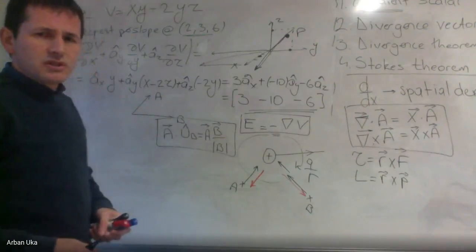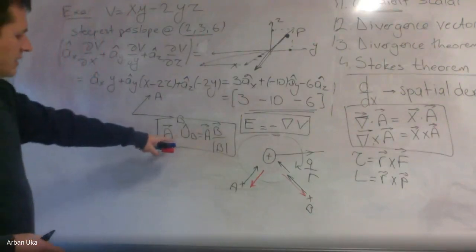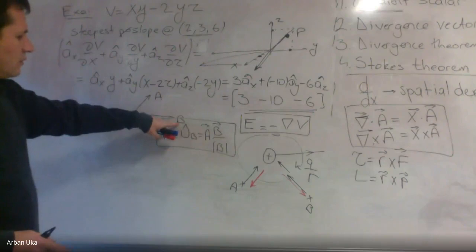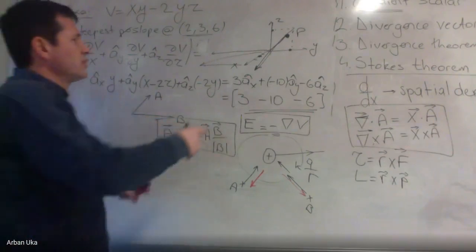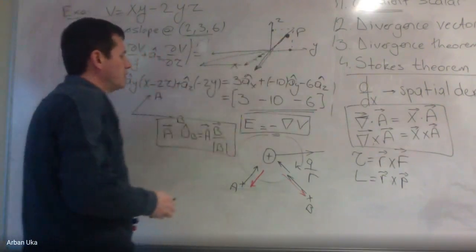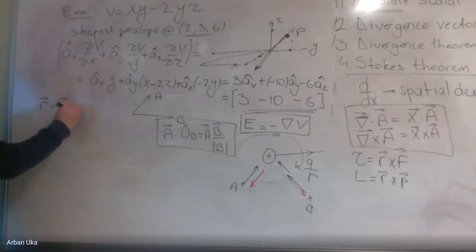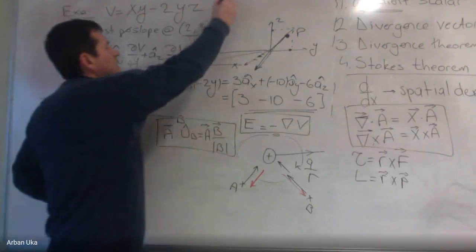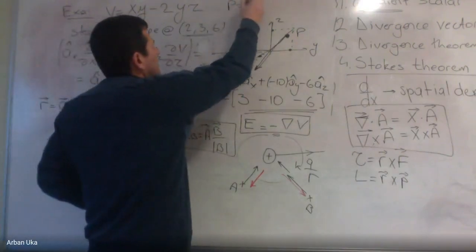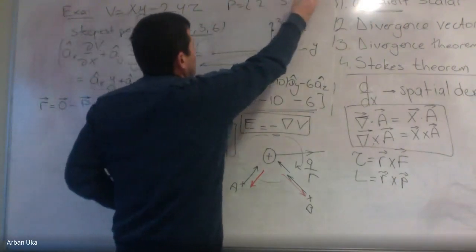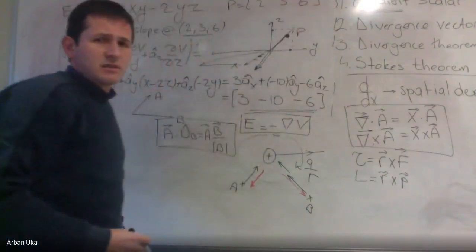And to do this, we need to define this B. What is this vector which is pointing to the origin of the coordinate system? This vector is going to be R equal to the origin, allow me to write it like this, minus point P. Okay, point P we can write as (2, 3, 6). This is the point P.